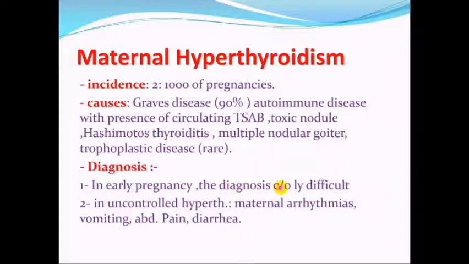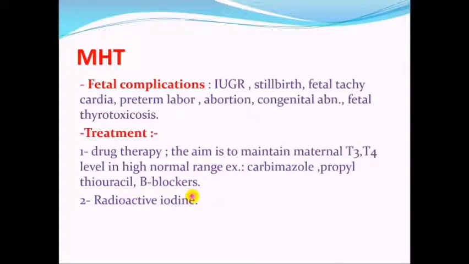So clinically, it is very difficult. But in uncontrolled hyperthyroidism, the patient may present with cardiac arrhythmias, repeated vomiting, diarrhea, abdominal pain and colic, and this is usually more obvious in the severe uncontrolled form of maternal hyperthyroidism.